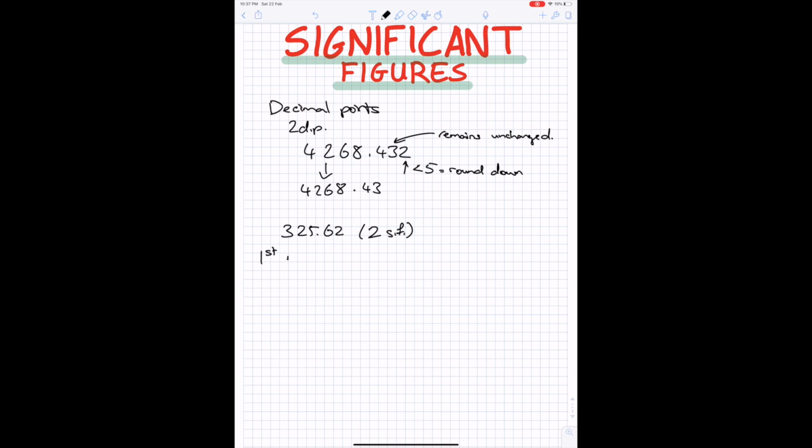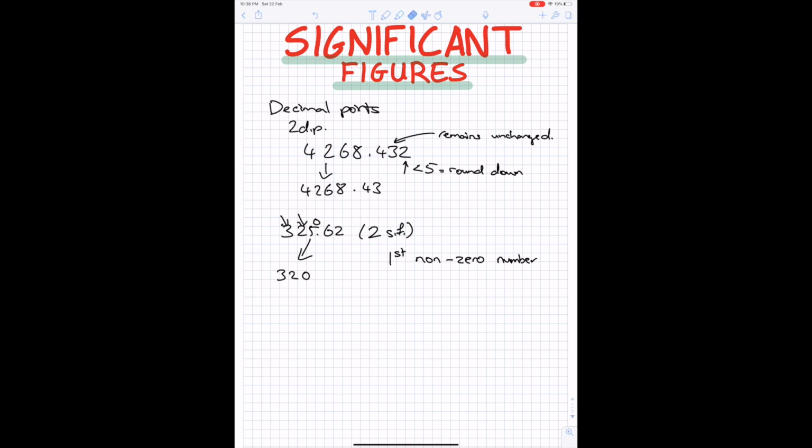So 325.62 becomes 320, because that's your first one, that's your second, and then the rest are just 0 for the placeholder.